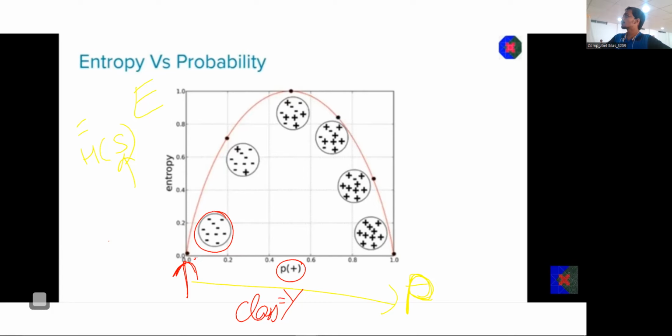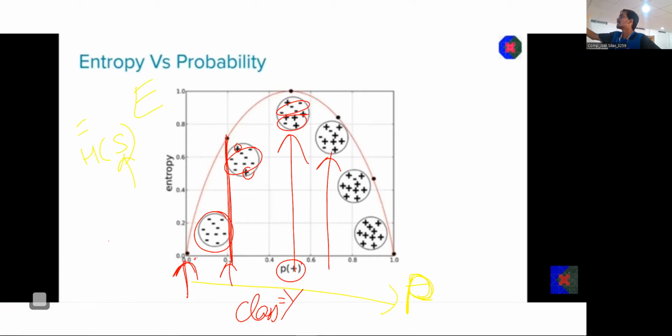Then if the probability of class yes is 0.2, that means a little bit of positive class and mostly negative class. Then if probability comes at 0.5, we know that negative class and positive class are equal in proportion. If the probability of class yes increases further, the probability of class no decreases.